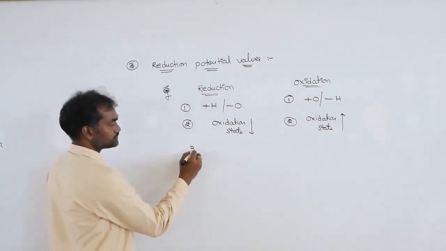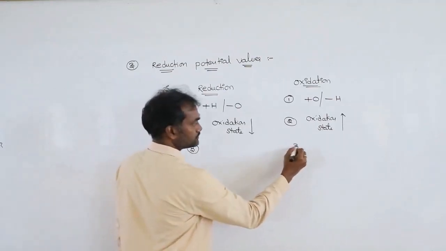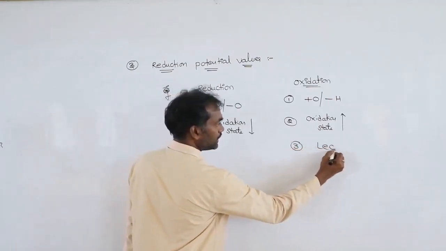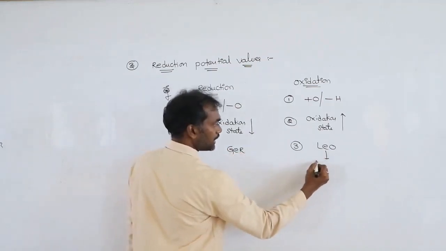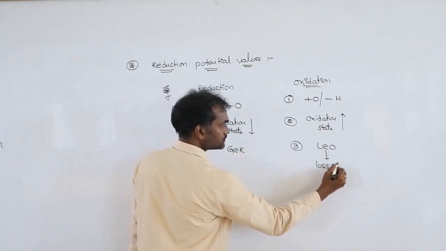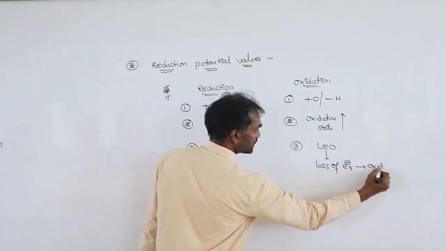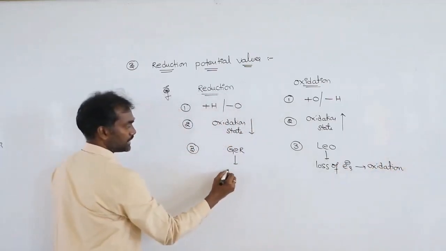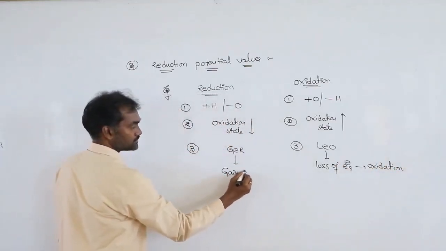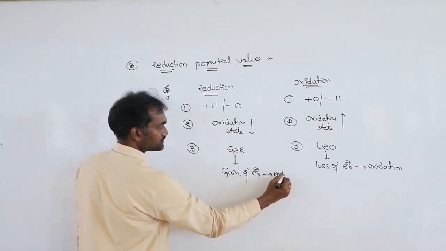Next, loss of electrons is called oxidation. Next, gain of electrons is called reduction.